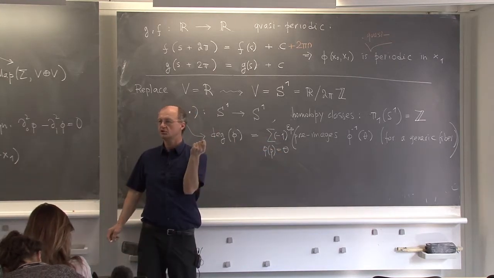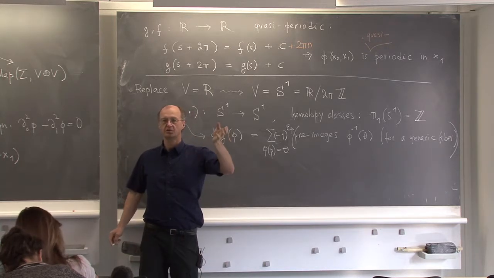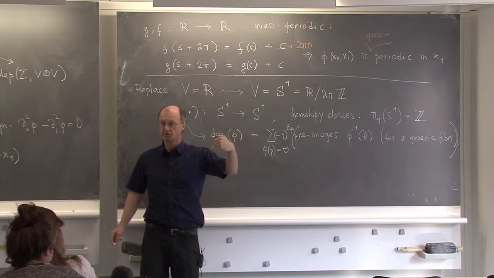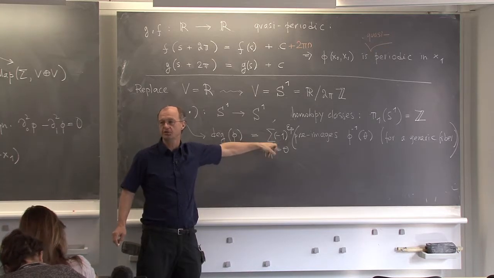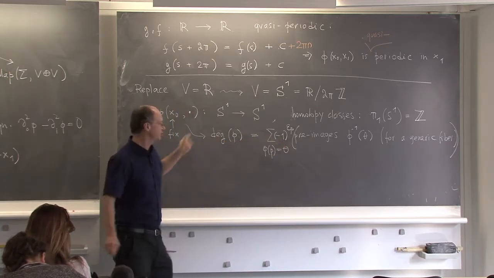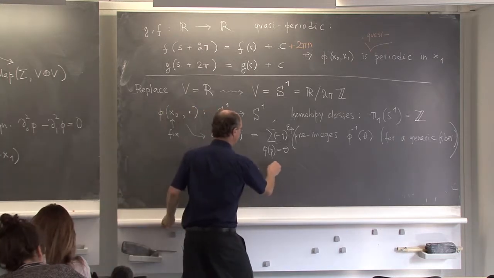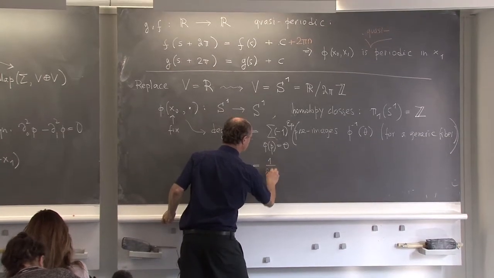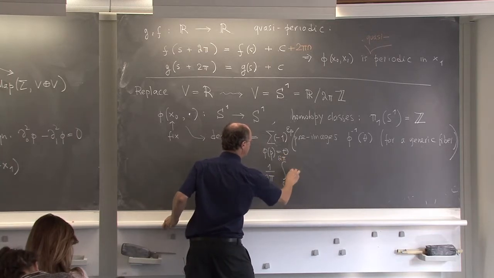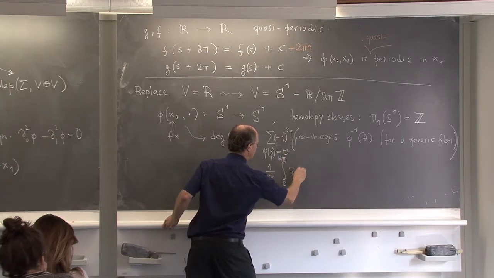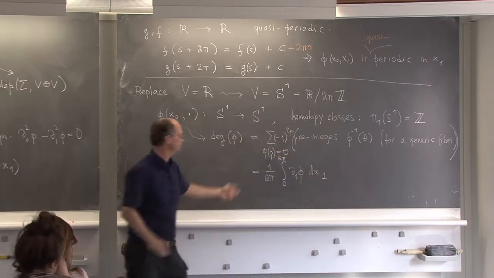Now you have an orientation. Your circles are oriented. So at a given point, the differential of the map either preserves orientation or reverses the orientation. You take the sum of those plus or minus ones over all pre-images, and you get an integer, which is the degree. Or I can now write it in a different way. I can probably just write it as 1 over 2 pi, the integral from 0 to 2 pi of d1 phi dx1.